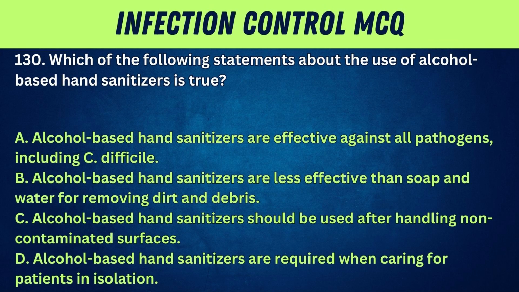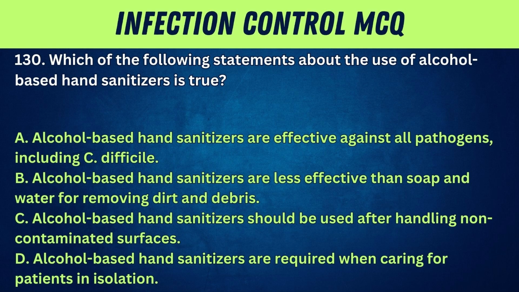130. Which of the following statements about the use of alcohol-based hand sanitizers is true? A. Alcohol-based hand sanitizers are effective against all pathogens, including C. difficile. B. Alcohol-based hand sanitizers are less effective than soap and water for removing dirt and debris. C. Alcohol-based hand sanitizers should be used after handling non-contaminated surfaces.